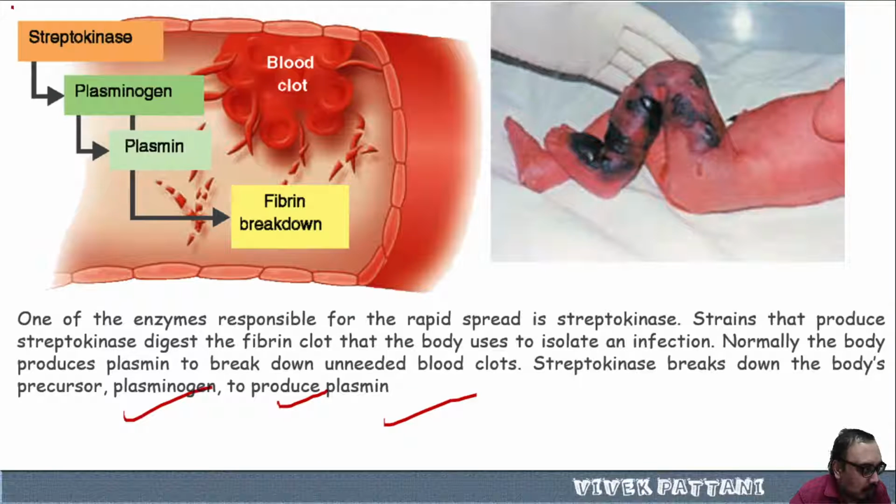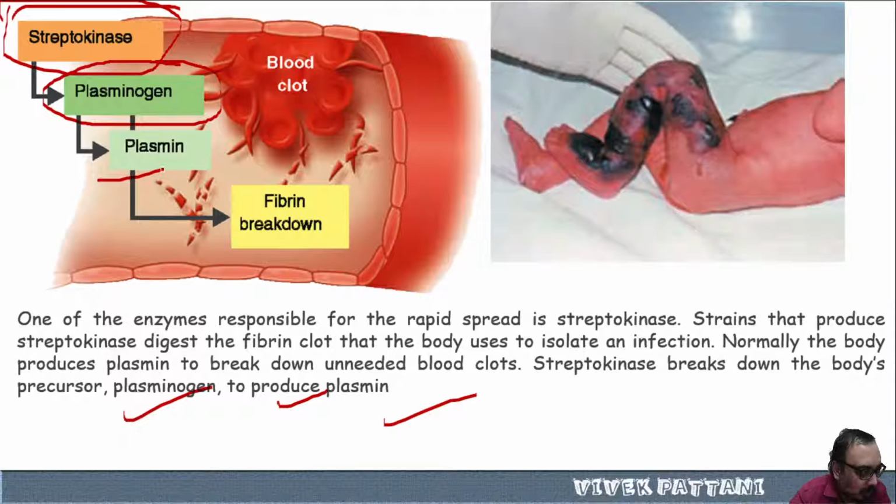Streptokinase, which is produced by the bacteria, when combined with plasminogen, converts plasminogen into plasmin. This plasmin basically breaks down the fibrin, thereby dissolving the layer which acts as a protective layer for the body to stop the infection.